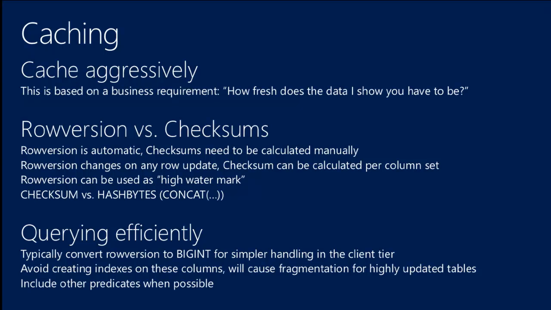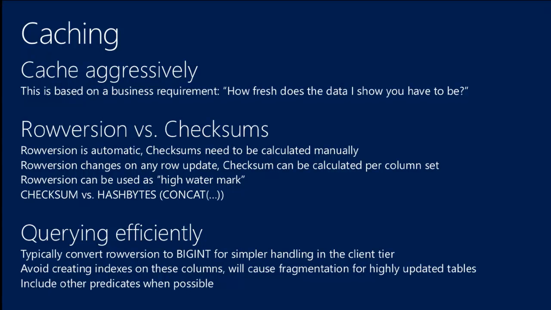So just a few considerations for querying it efficiently. The row version, you can just convert into a bigint and have it as a human-readable number, which is way easier to interpret on the client side than the binary representation that we have. You should generally not create indexes on those columns, just because you get fragmentation.